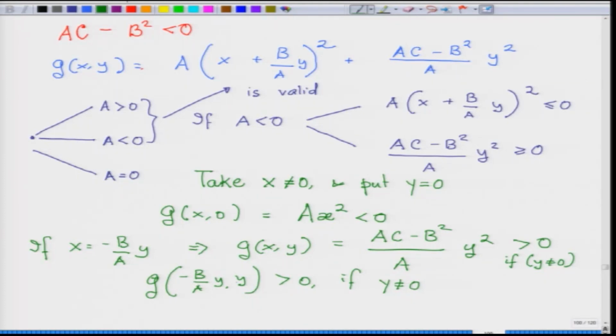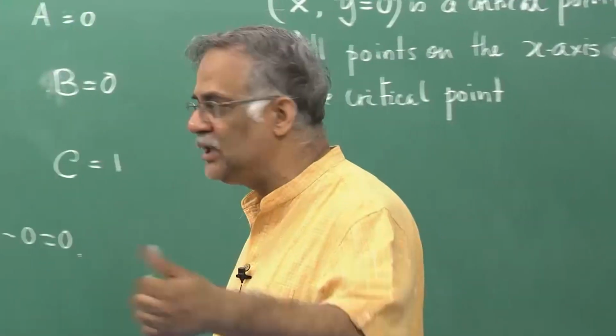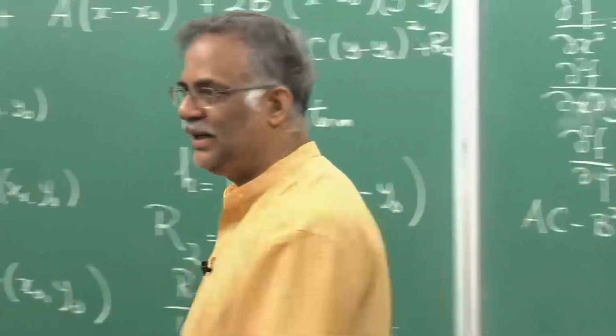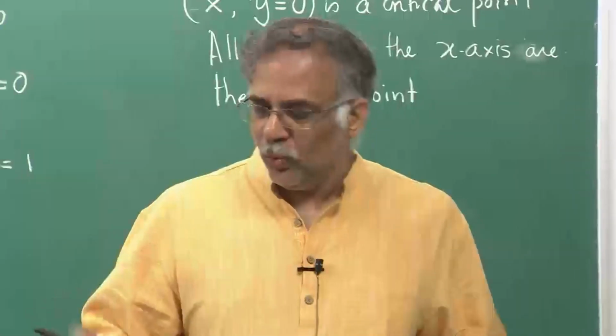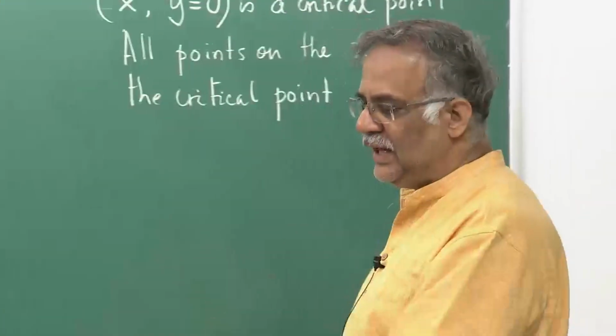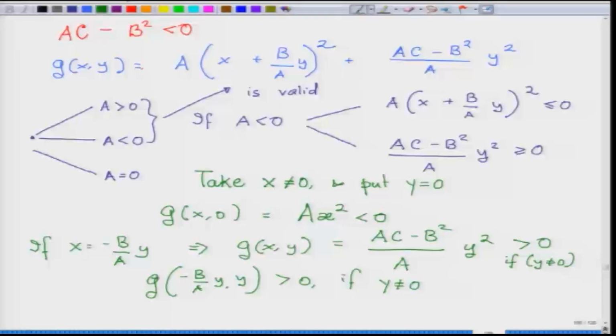So, in the neighborhood of 0 0, the function can take a positive value and a negative value when AC minus B square is strictly less than 0, which makes x naught y naught a saddle point. So, for the case A strictly less than 0, it implies that x naught y naught is a saddle point.